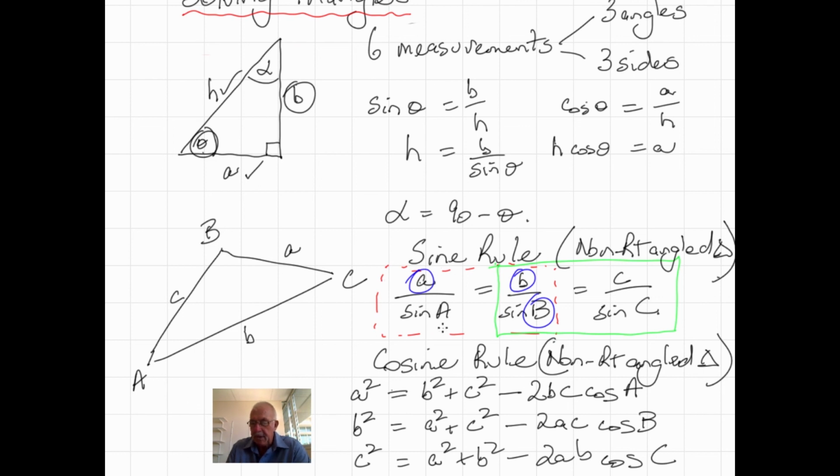If we've got angles and sides opposite involved, we use the sine rule. If we've got sides and a non-included angle, or the angle that's not opposite the sides we're given, then we'll use the cosine rule.